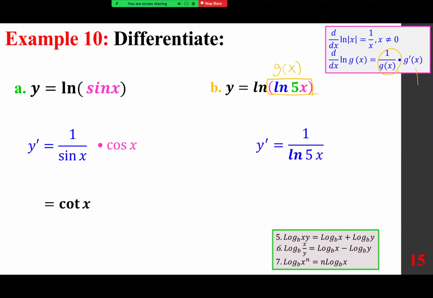And now I need the derivative of that. So I need the derivative of ln of 5x. Well, what is the derivative of ln of 5x? Well, flip this over, 1 over 5x. And by the chain rule times 5, the derivative of 5x. And we're done. Notice 5 and 5 cancel each other.